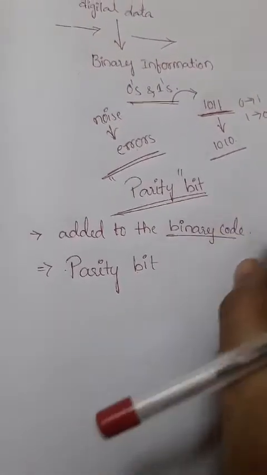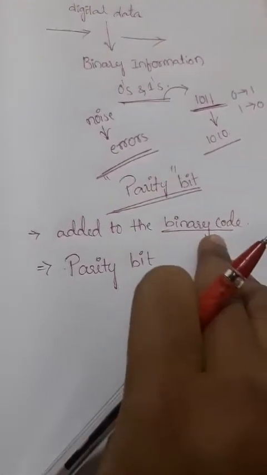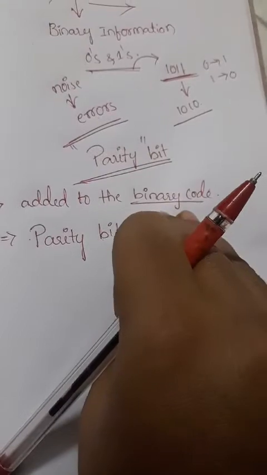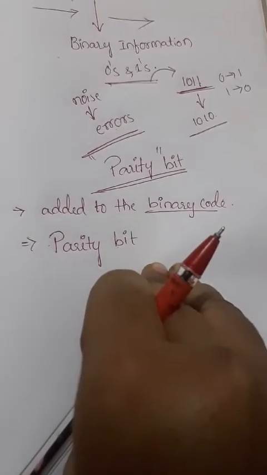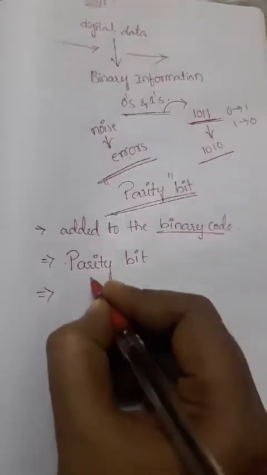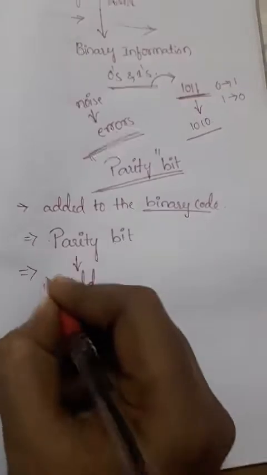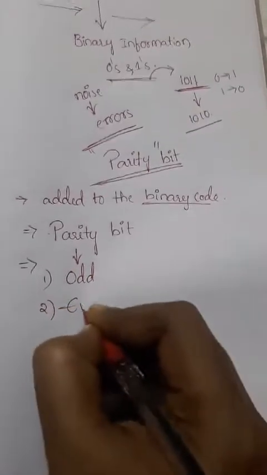To detect the errors, we first check whether the particular code is in parity or not. So what is parity? Generally, parity is classified into two types. The first one is odd parity, and the second one is even parity.